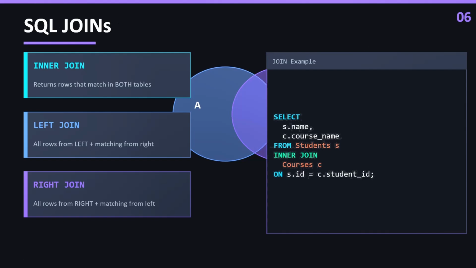What is inner join? It returns only rows that match in both tables. Left join returns all rows from the left table plus matching rows from the right. And the right join is the opposite: all from the right and matching from the left table.